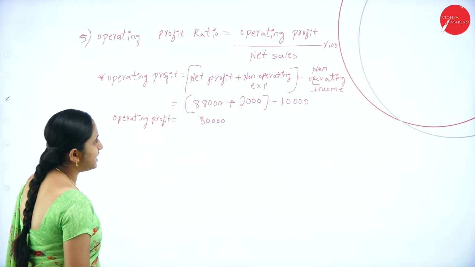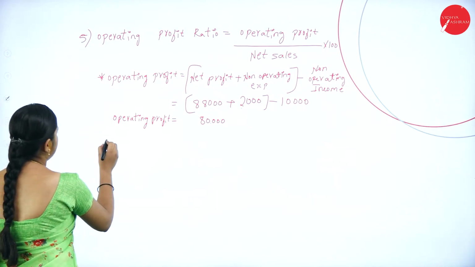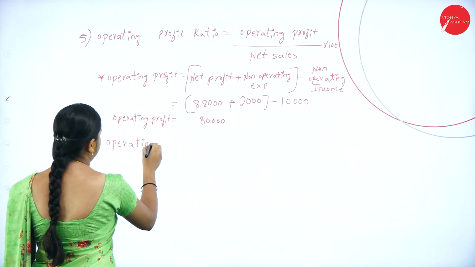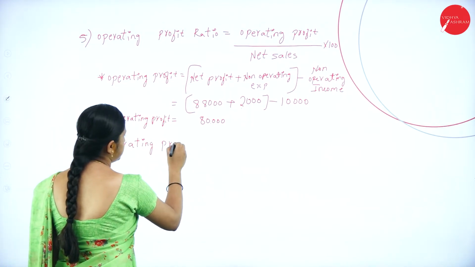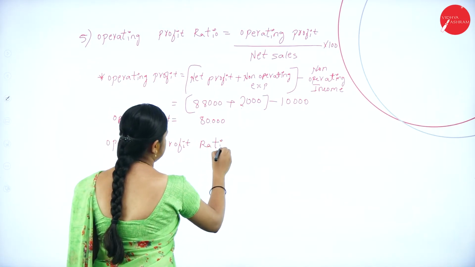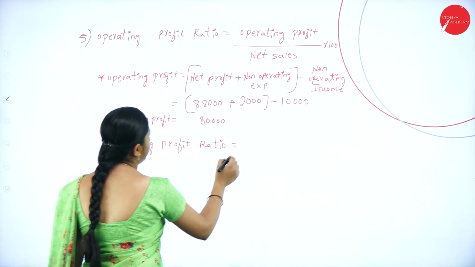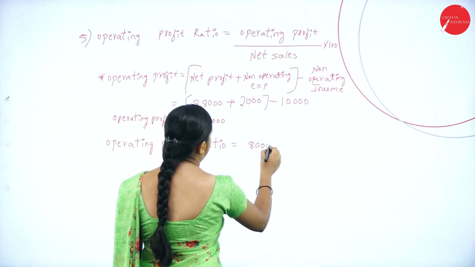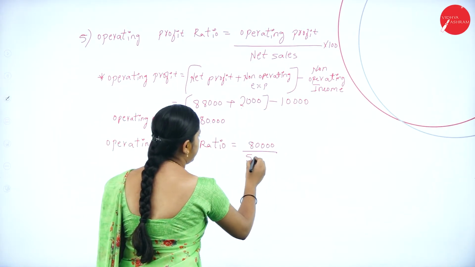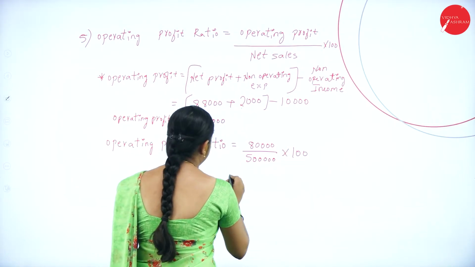We know net sales is 5 lakh. So to calculate operating profit ratio, it is equal to operating profit, that is 80,000, divided by net sales, 5 lakh, into 100.